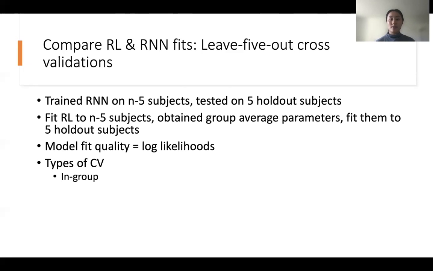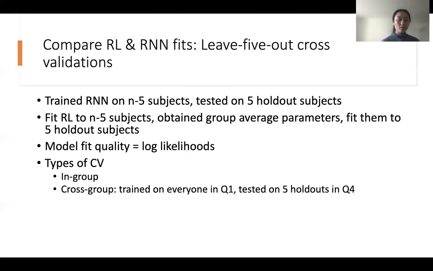We also did different types of cross-validation. The one I just described, where you take out 5 subjects from this group and then train the model on the rest, is what we call in-group cross-validation, because you're training and testing on subjects within the same group.